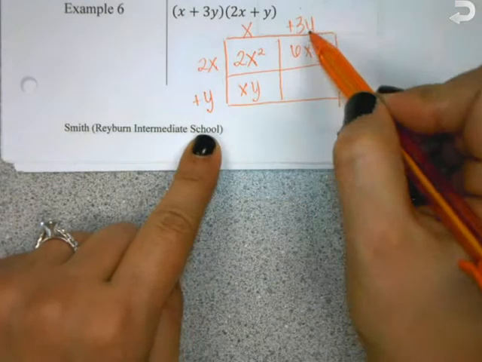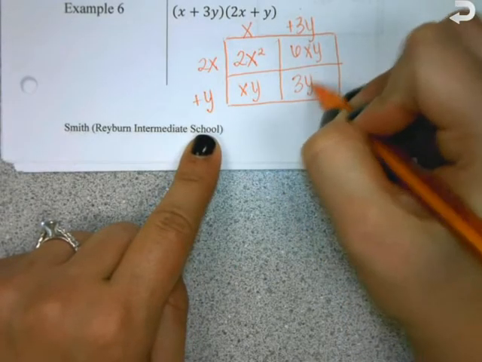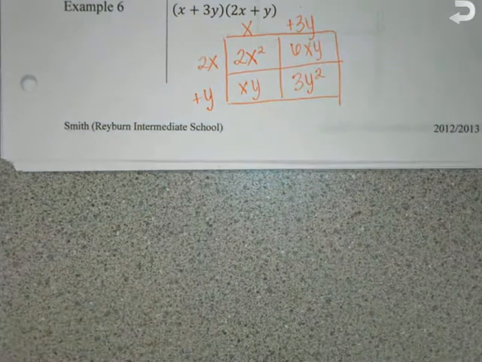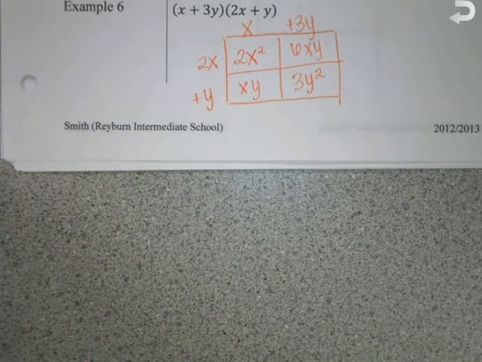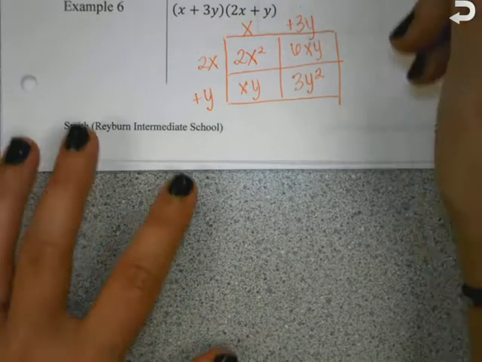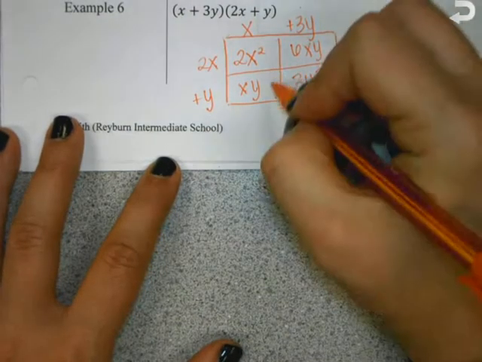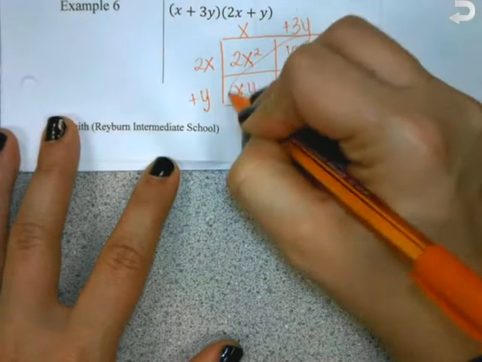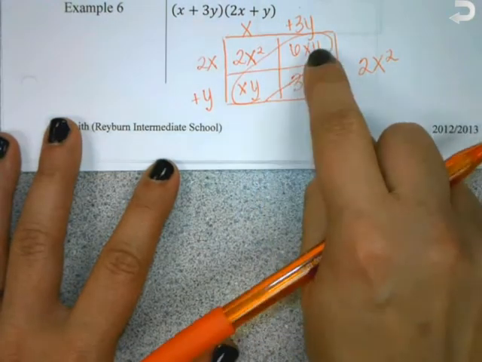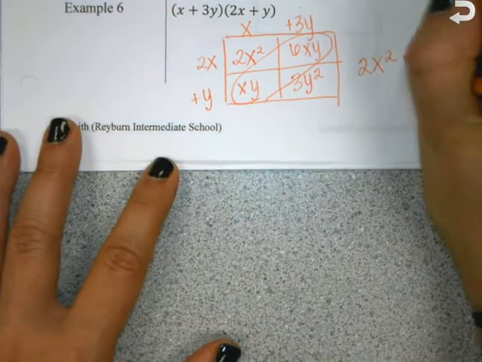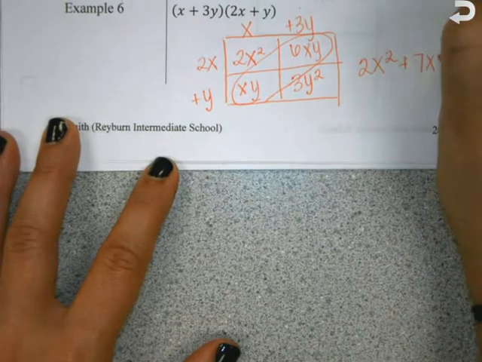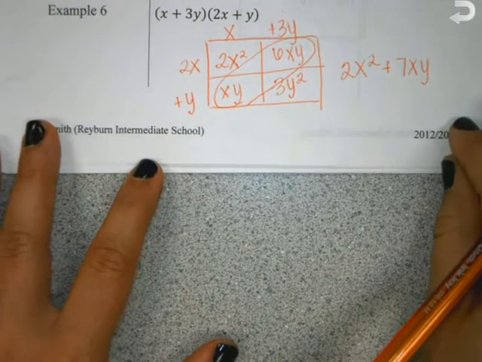Okay, now this is where it can get a little confusing as to where we order things. We still want everything in alphabetical order. So we're going to put 2x squared first. We have like terms right here. 1xy plus 6xy gives me 7xy plus 3y squared. Okay?